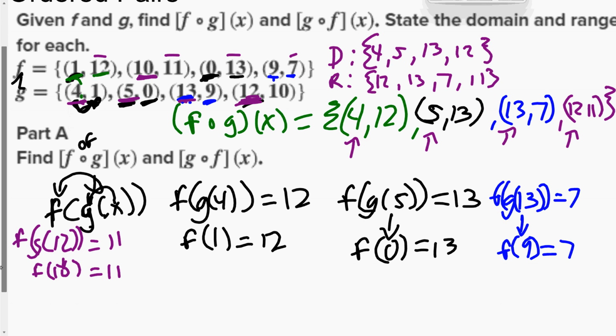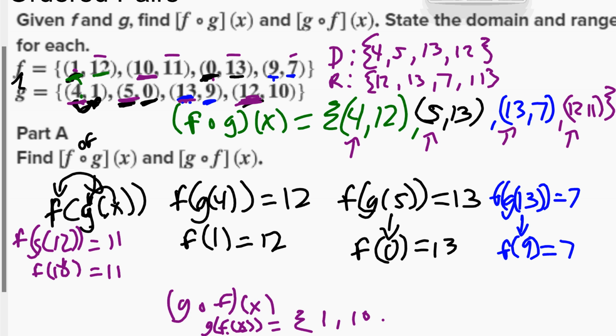So then if I was to do g of f of x, meaning I'm taking f of x, finding the answer, what my y value is for f of x, and then plugging that into g. So you'll notice my domain is going to be my x's of f, so 1, 10, 0, and 9.